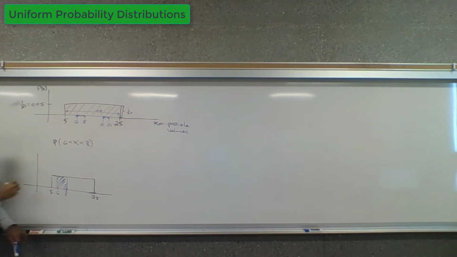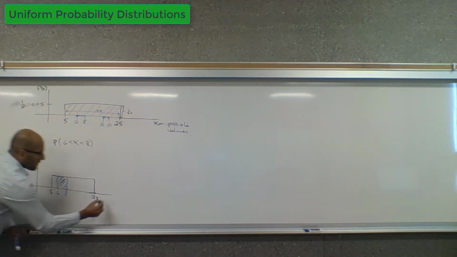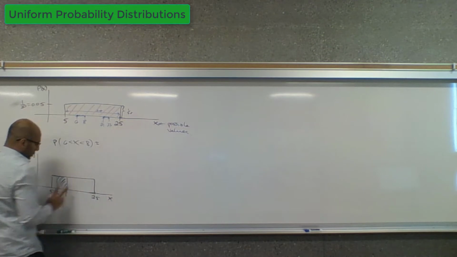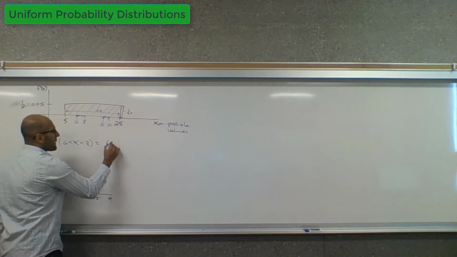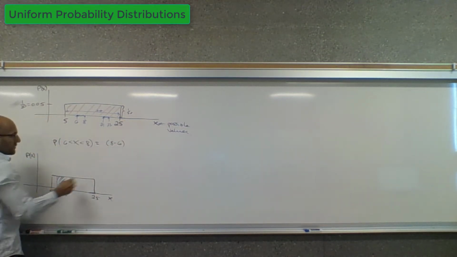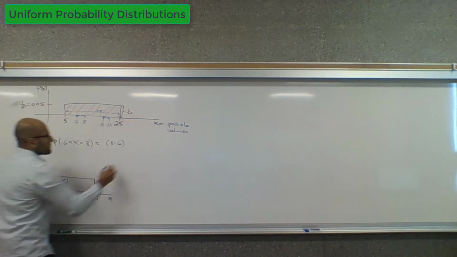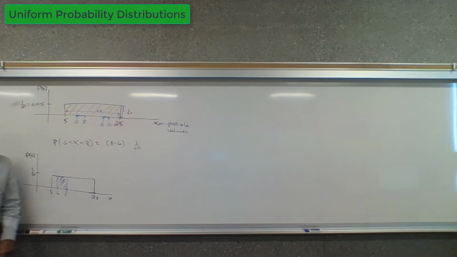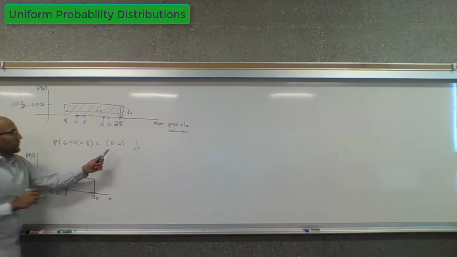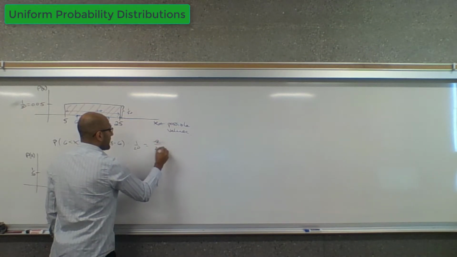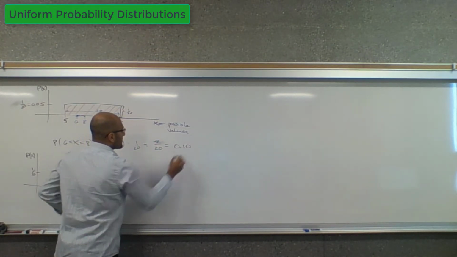So P of x there is going to be equal to the width, which is just 2, found by subtracting 8 minus 6, times the height, which we said was 1 over 20. And so this is equal to 2 divided by 20, which is equal to 0.10.